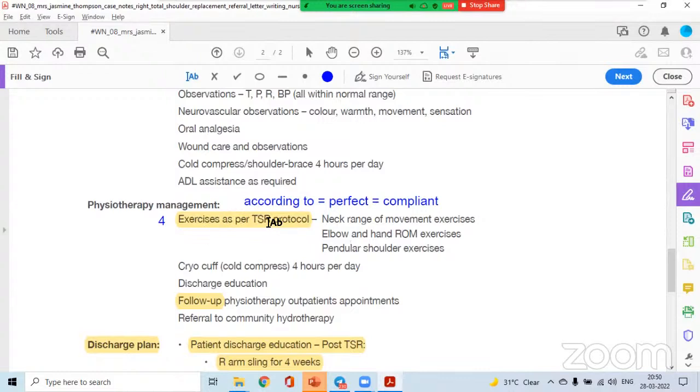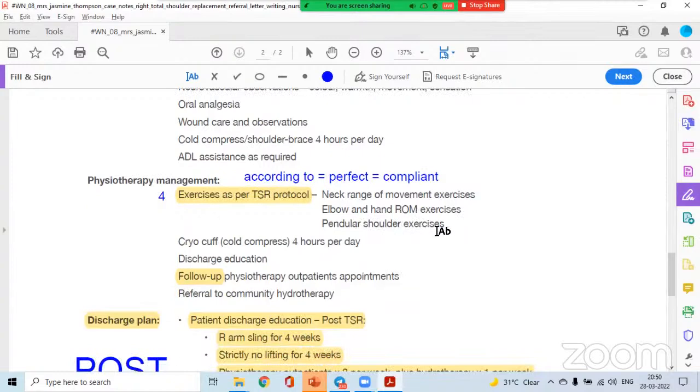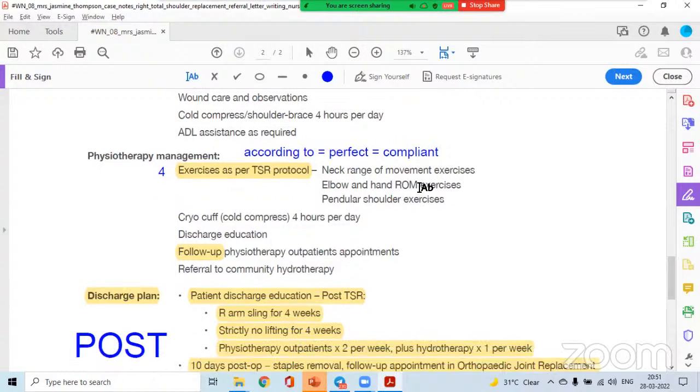Next. So neck range of movement exercises, elbow and hand range of movement exercises, then pendular shoulder exercises, range of motion exercises.